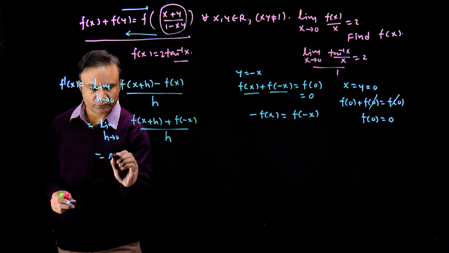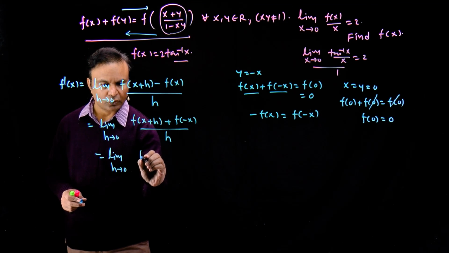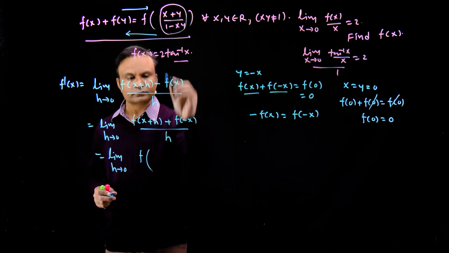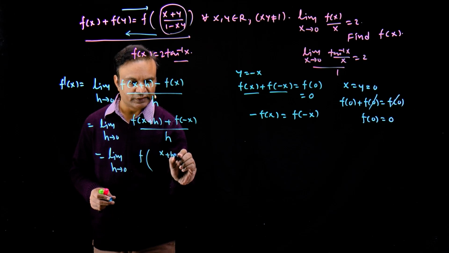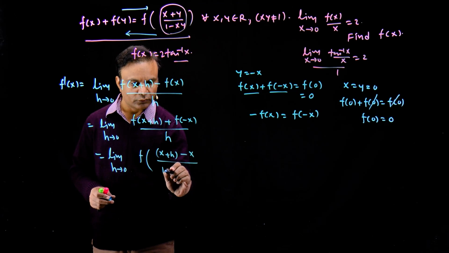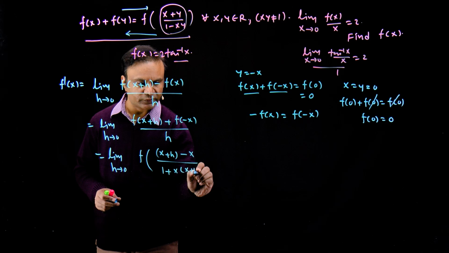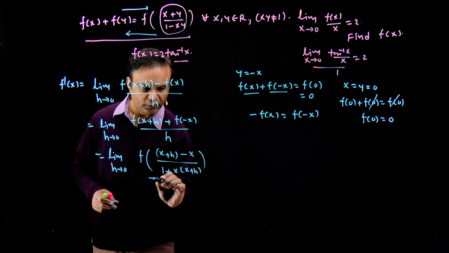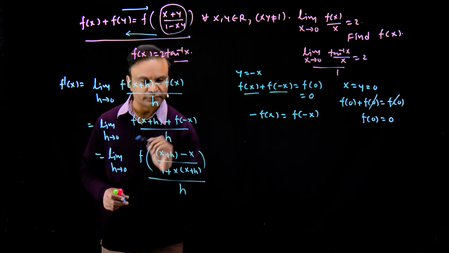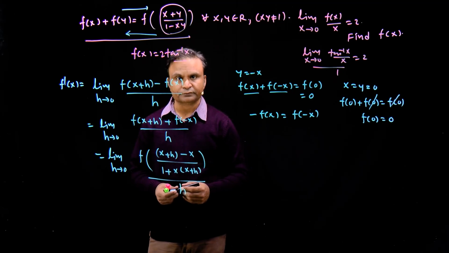So this is equal to limit h tends to 0 of f of ((x plus h minus x) upon (1 plus x multiplied by (x plus h))) upon h. Okay, now we have this limit.